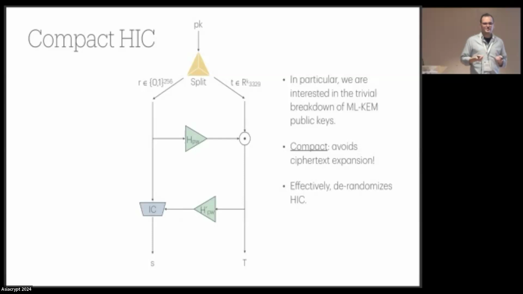The advantage is that now we have one public key and one ciphertext of the same size, so there's no expansion anymore on the ciphertext. Effectively, we're de-randomizing the half-ideal cipher, because there are no external random coins used for this encryption.